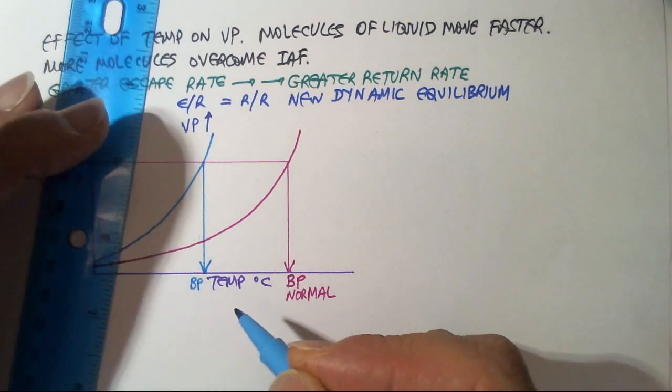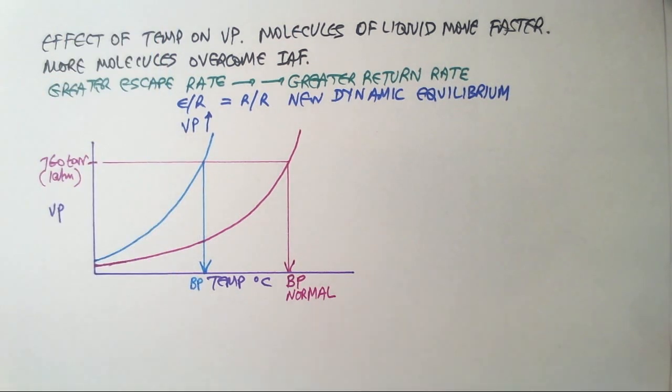Why would its vapor pressure increase more rapidly? Well, clearly, it must be easier to separate those molecules. And if it's easier to separate the molecules, the intermolecular forces must be less. You don't need as much energy to pull them apart. So the greater the intermolecular forces, the higher the boiling point's going to be.